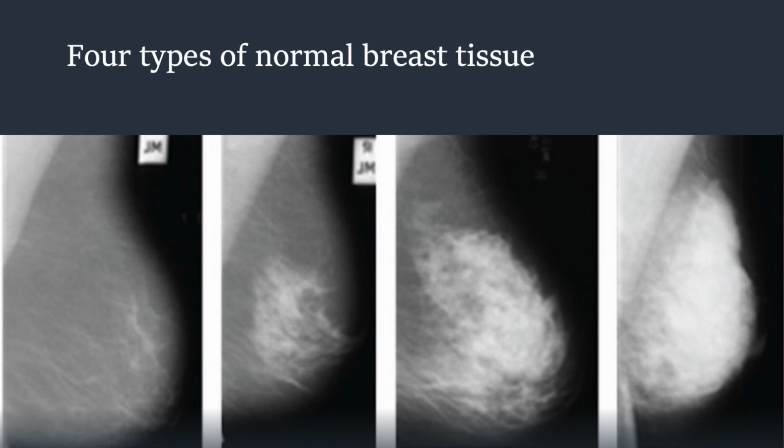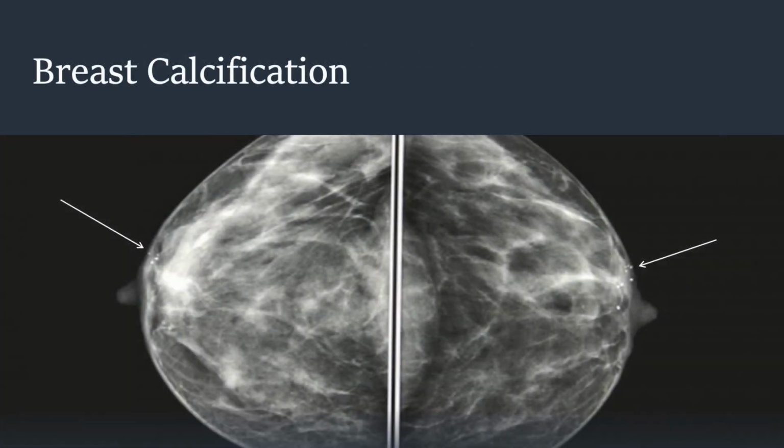This image is showing us four different types of normal breast tissue. Here on this one, we can see breast calcification, the little white dots by the nipple.